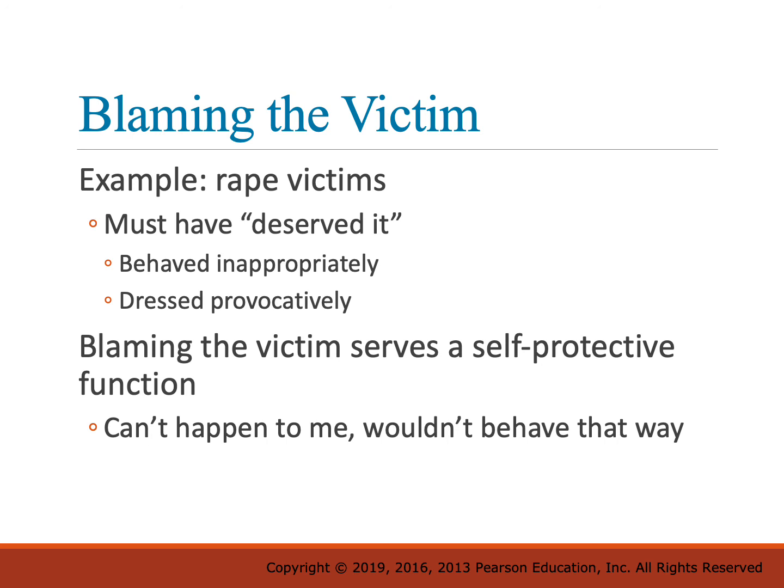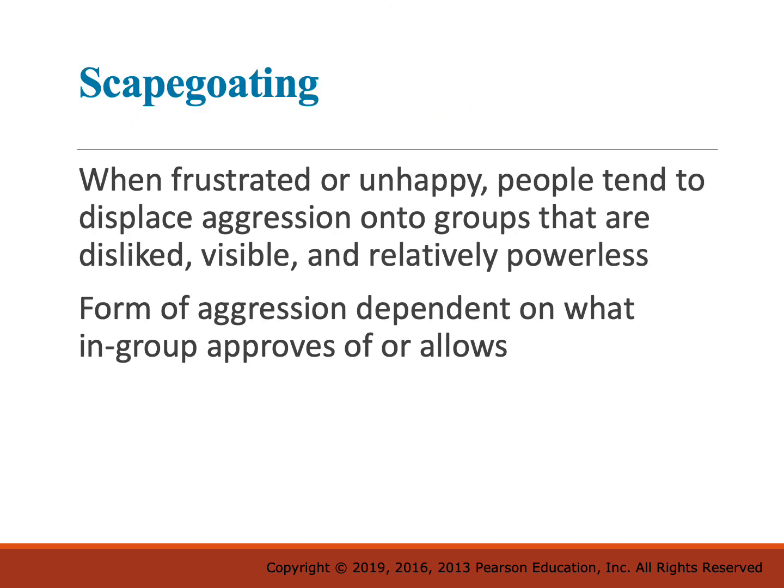Another phenomenon is scapegoating, okay? So people will tend to displace aggression onto groups that are disliked or visible or relatively powerless. These outgroups, and the type of aggression against these outgroups is going to be dependent on what the in-group approves or allows.